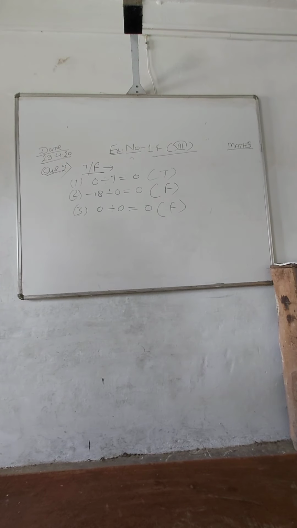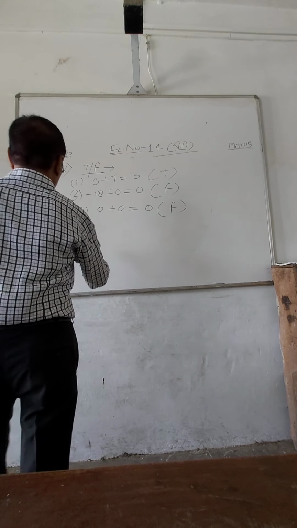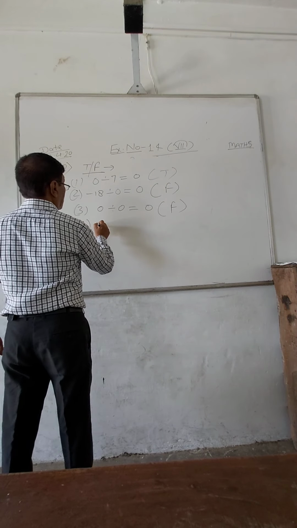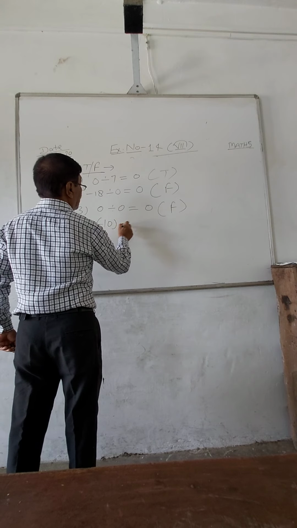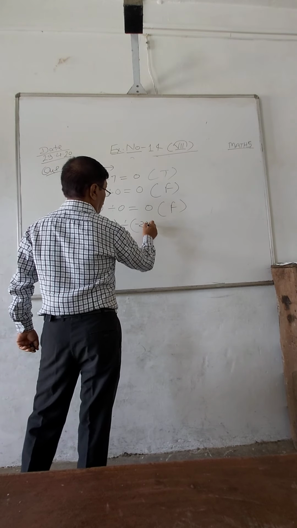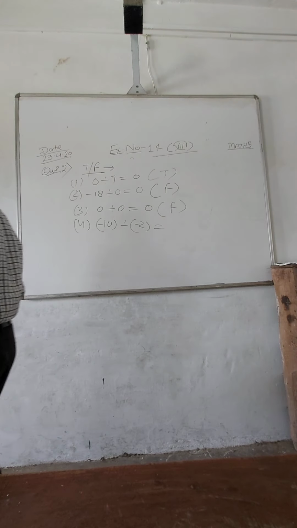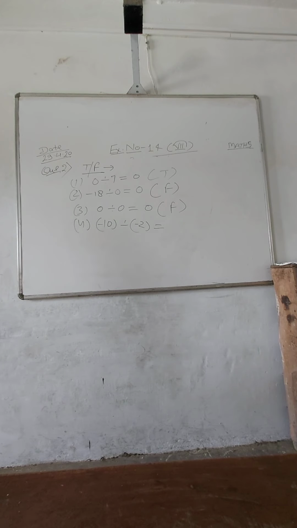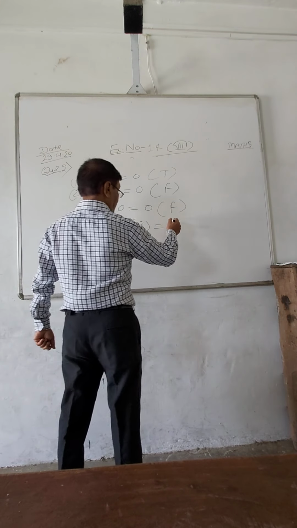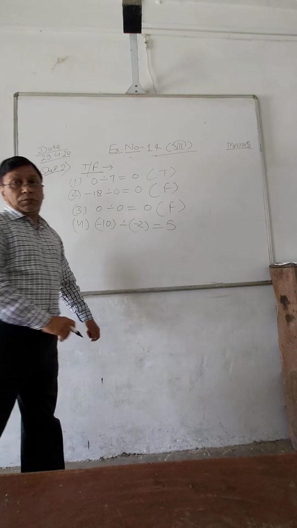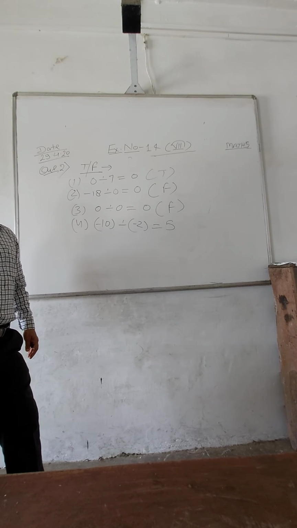Next, minus 10 divided by minus 2. What is given? It is given 5. See this case also.